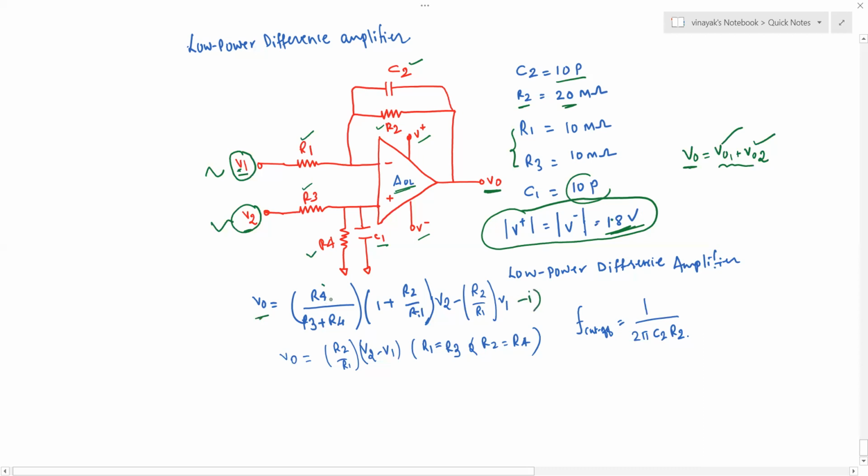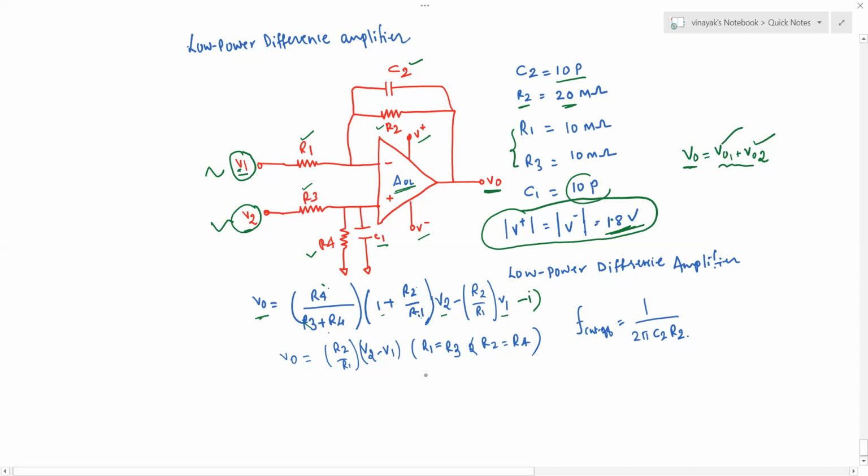And that final output expression is given by this equation. So that is R4 divided by R3 plus R4, times in brackets 1 plus R2 over R1, times V2, minus, in brackets, R2 over R1 multiplied by V1.